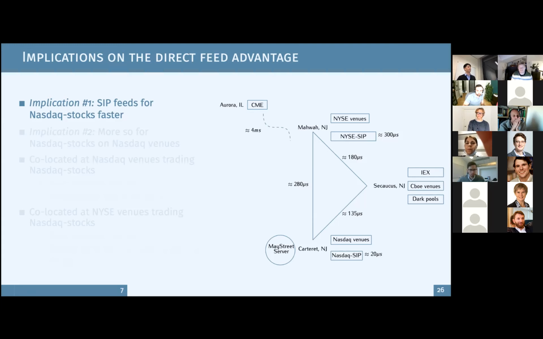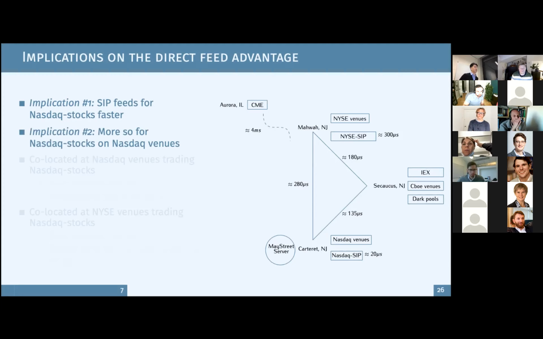So if the NASDAQ SIP gets a speed upgrade, that means the NASDAQ stocks now have a faster SIP feed, but not the case for the NYSE stocks. So no matter where you are, no matter whether you incur geographic latency or not, the NASDAQ stocks now have a faster SIP feed.